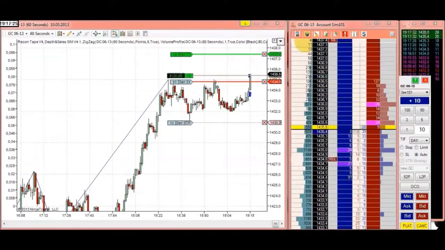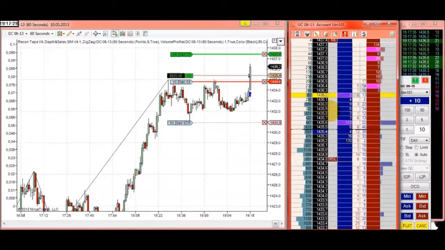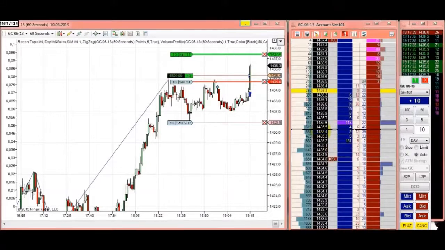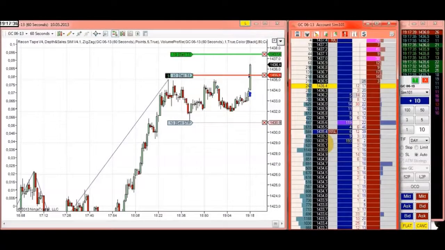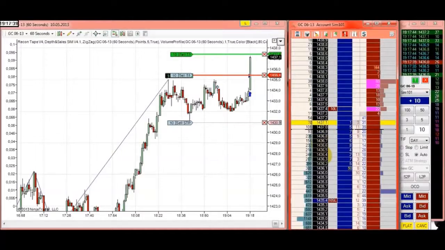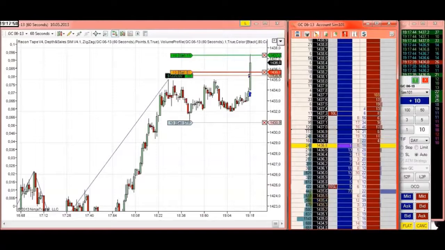Okay, now we have the order filled, and we see some support. You can see some supporting stuff protecting our entry, and we can see it's moving pretty nicely, pulling back one tick from the high.